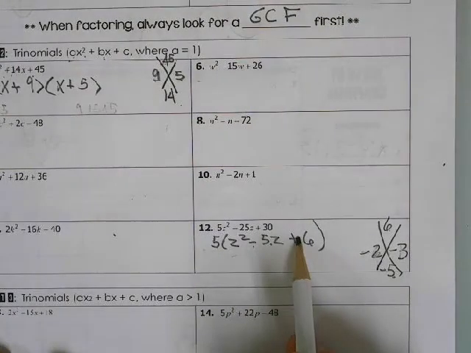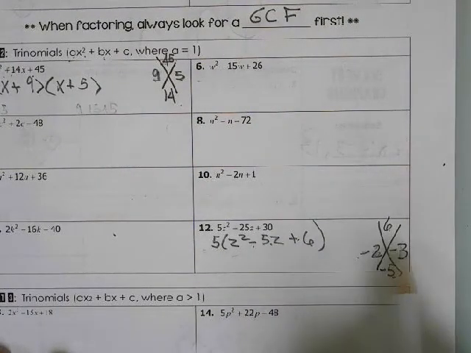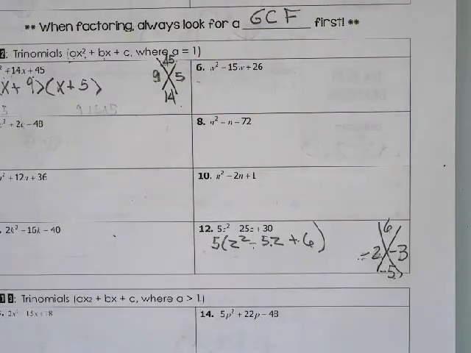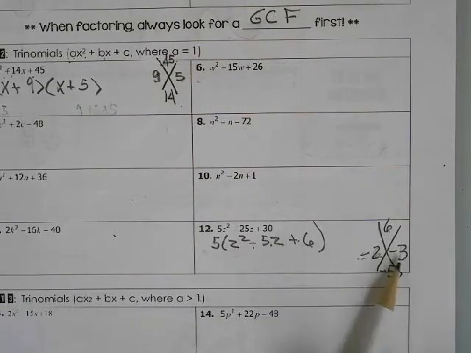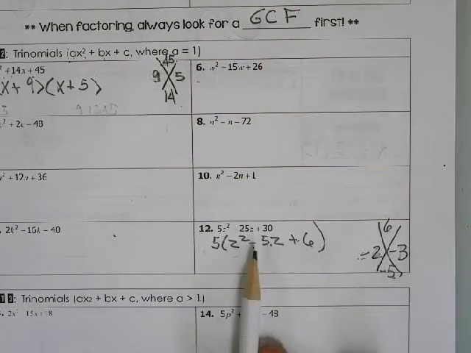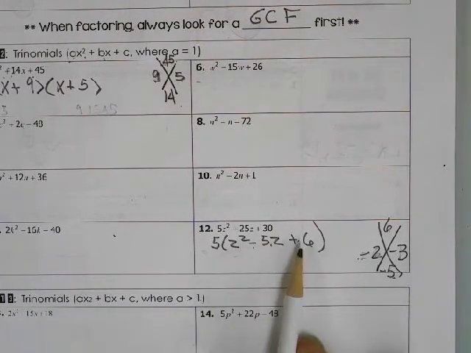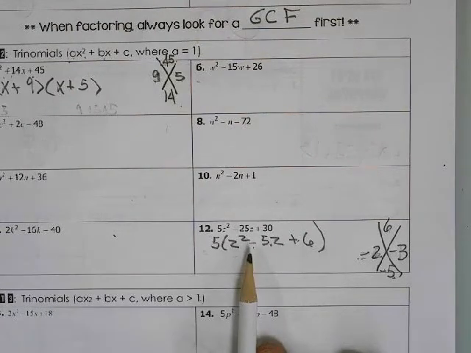Because this is positive, that means these signs have to be the same. They either both have to be negative or both be positive. When we multiply different signs, we would get a negative number there. So we don't have a negative 6, they have to be the same. This tells me whether they're negative or they're positive. Okay? If this were negative, then the larger absolute value would have to be negative.